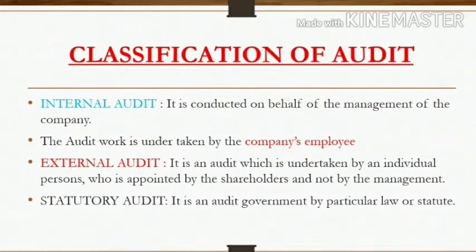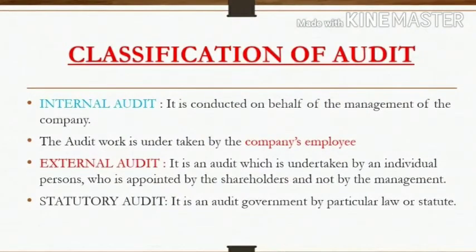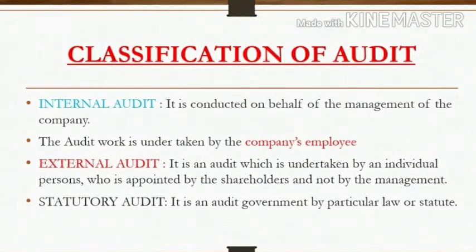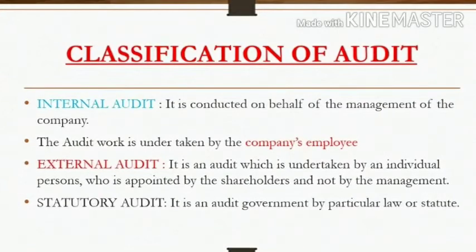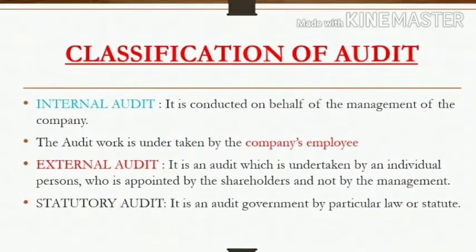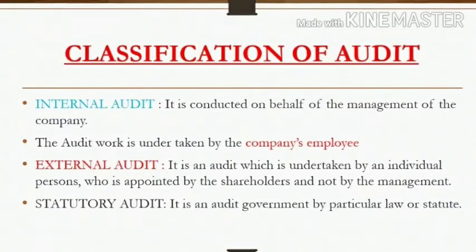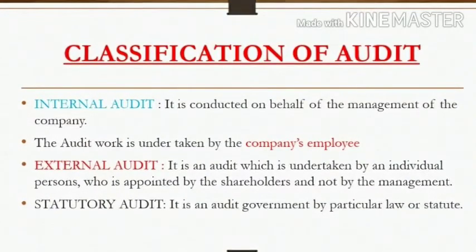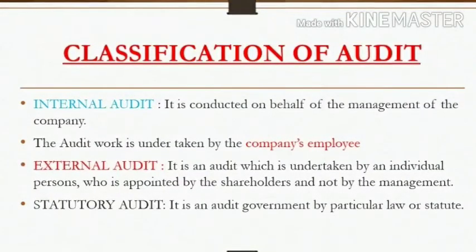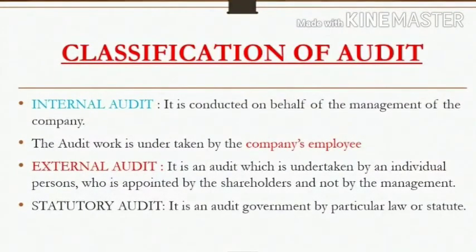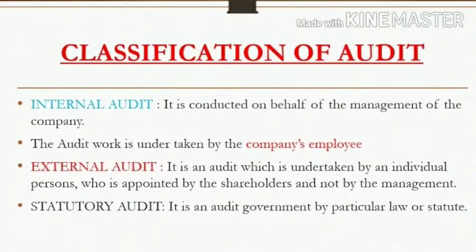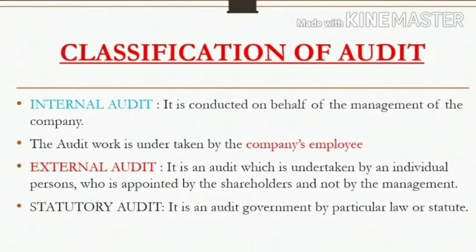An audit of a company that is governed by a particular law or statute and is made compulsory is called a statutory audit. For example, companies are governed by the Companies Act 2013. Banks are governed by the Banking Regulation Act 1949.